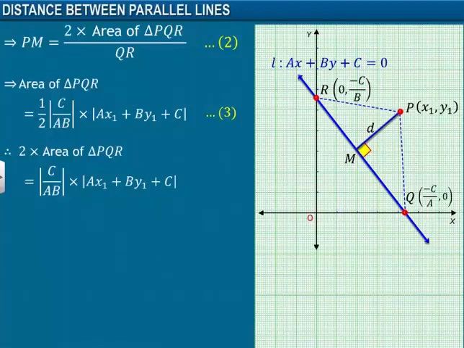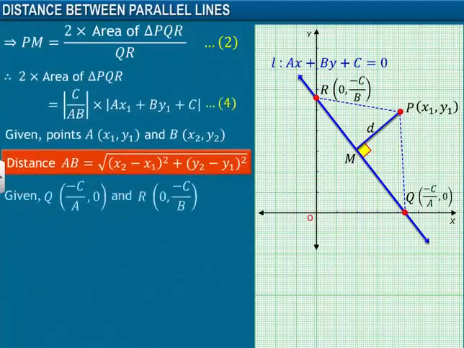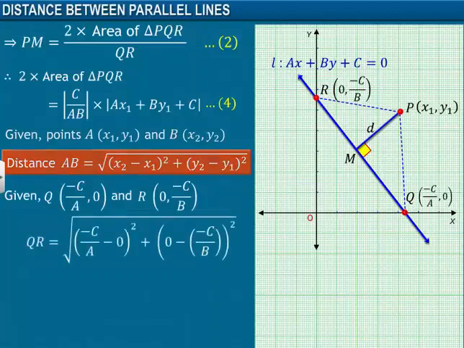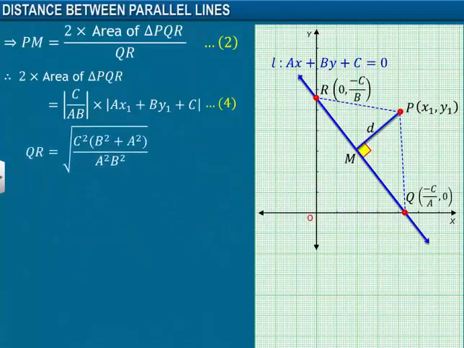Now recall the formula for the distance between two given points. Substituting the coordinates of Q and R in the distance formula and simplifying, we get the value of QR as modulus of C/AB into square root of A squared plus B squared. Let this be equation 5.